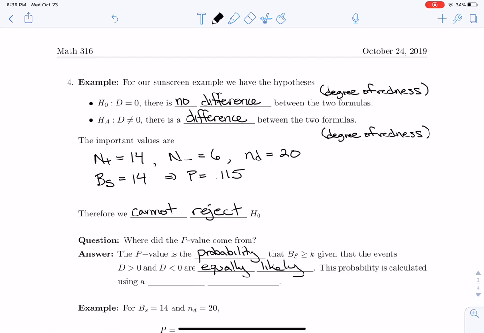And you can calculate this using the binomial distribution. So let's see how that works.